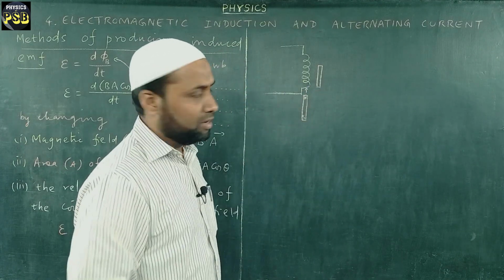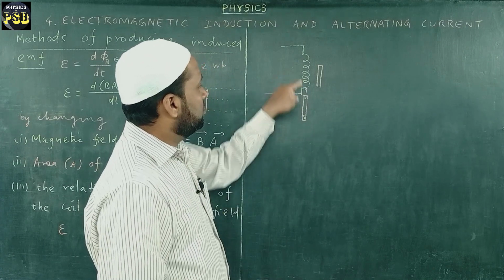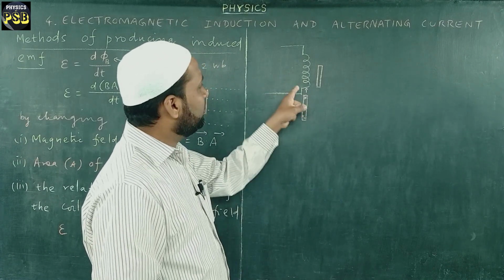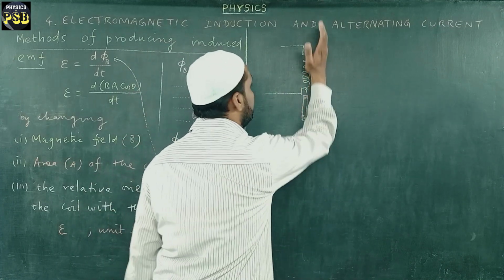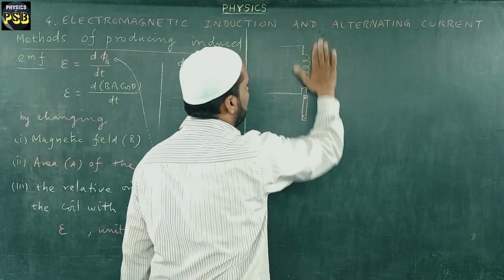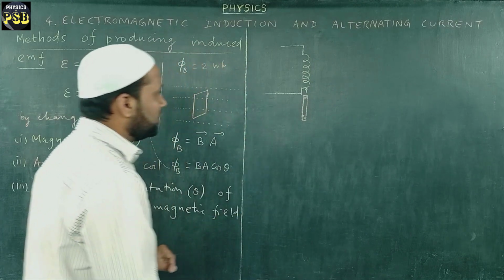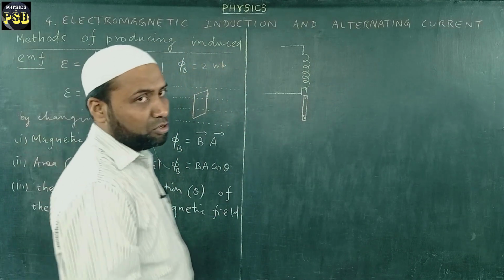If you insert the magnet, the magnetic flux linked with the coil will change. As a result, an EMF will be induced in that coil. This is how one can change the magnetic field to produce induced EMF.